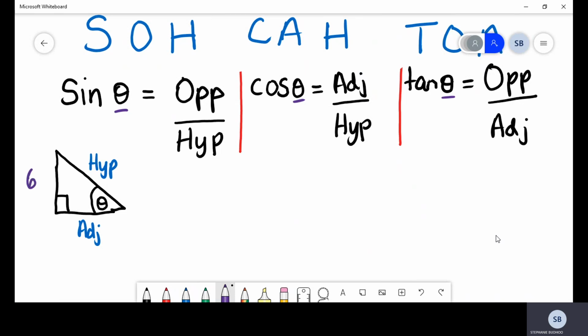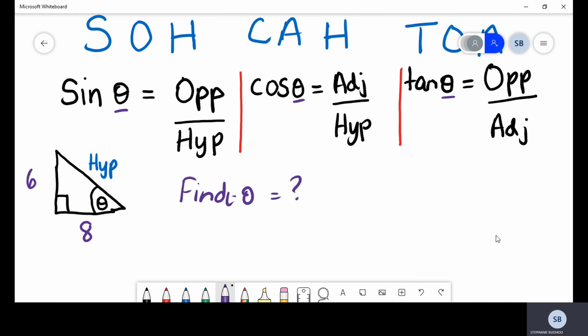Let's call that 6. And I'm not going to put any units in for today. And what about the adjacent? Let's just say the adjacent had a length of 8 with no units involved. How would we go about finding the angle theta?